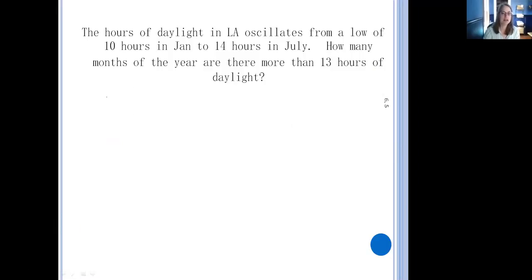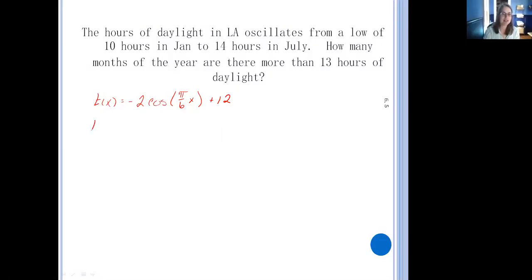Okay, so my function is that my hours of daylight is equal to -2 times the cosine of pi over 6 times x plus 12. Now what I want to know is where is that equal to 13?